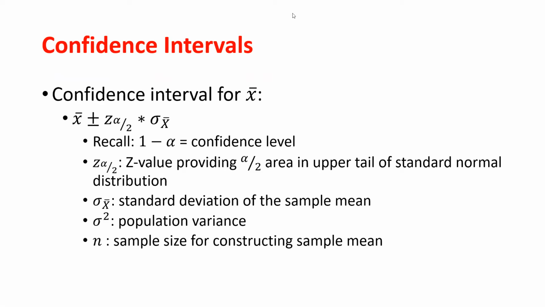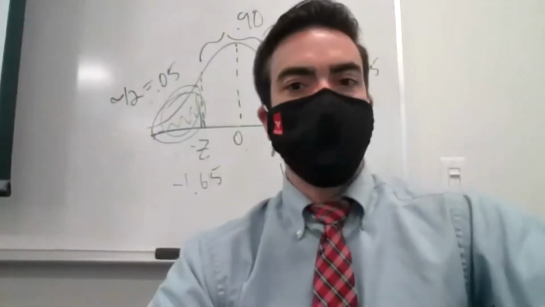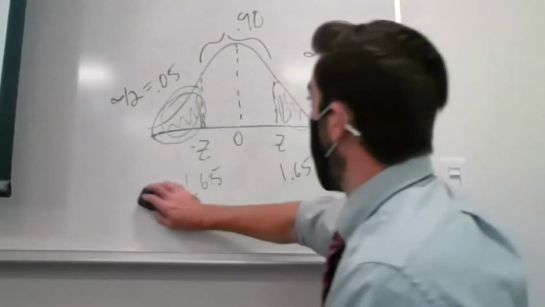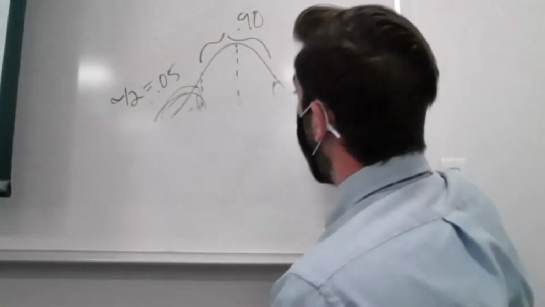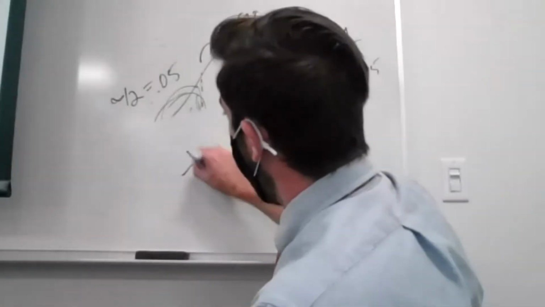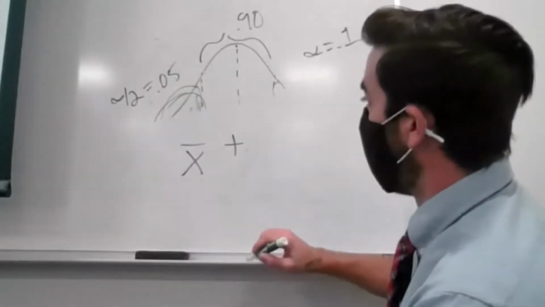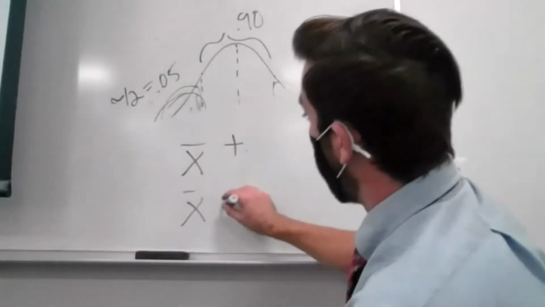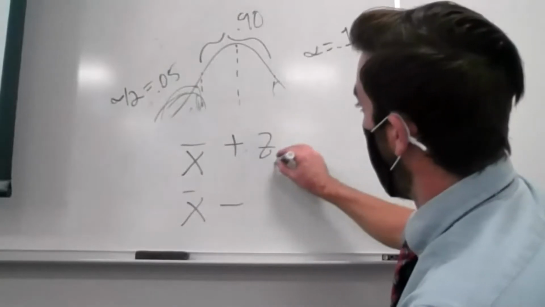Okay? So as a reminder, I could also think about writing out my confidence interval. I'll add to get my upper bound, I'll subtract to get my lower bound.